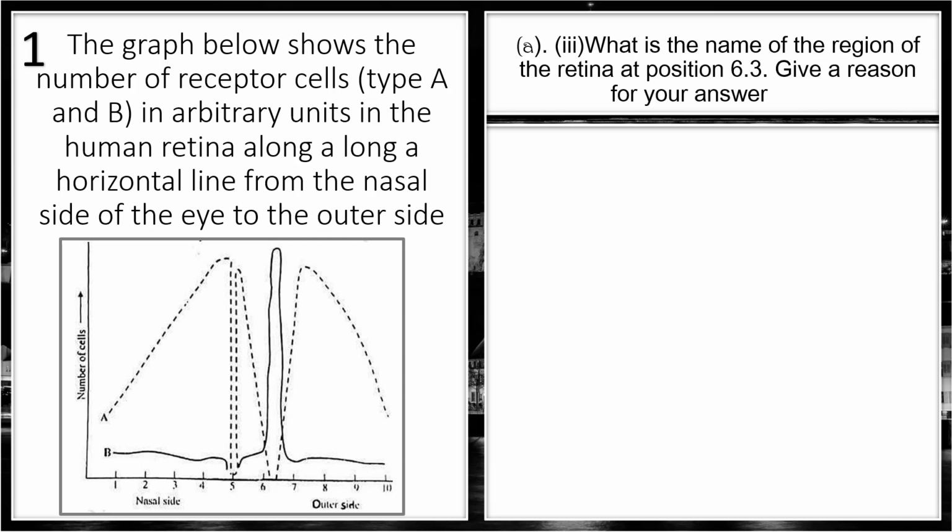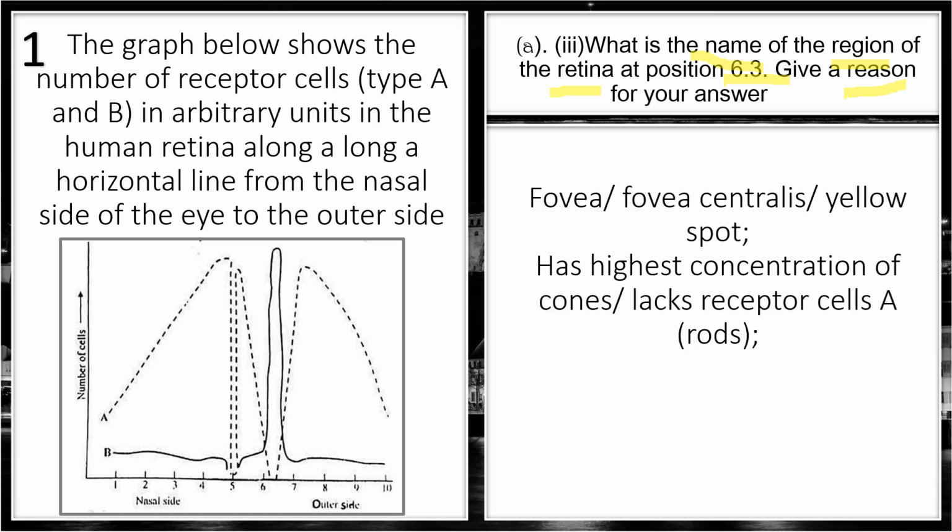Part 2. What is the name given to the region of the retina at position 6.3? Give reasons for your answer. It is the fovea. It can be called fovea centralis or the yellow spot.